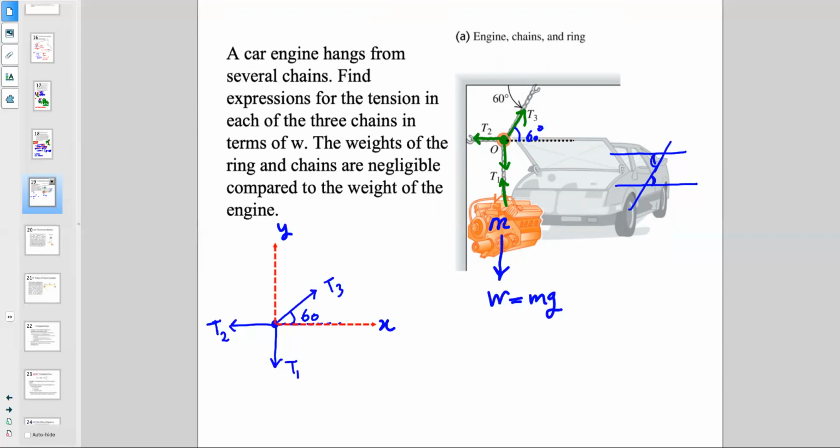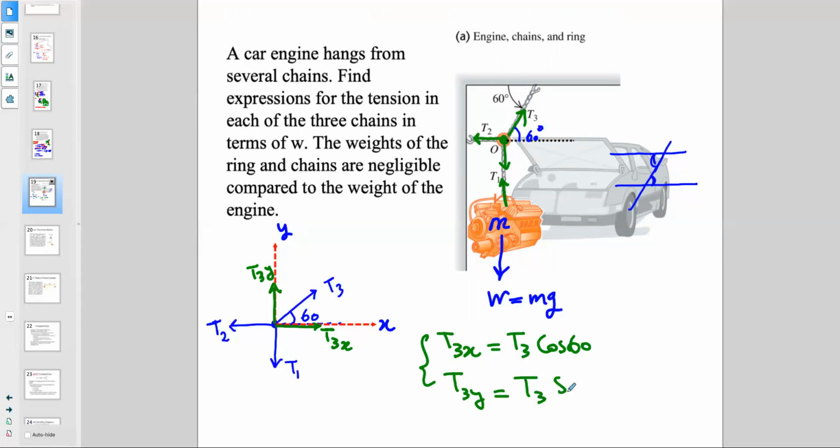I'm using a lot of colors here. So this is T3X, and this is T3Y, all right? And we know what they are already. T3X is T3 cosine of 60, and T3Y is T3 sine of 60, okay? That's what they are.